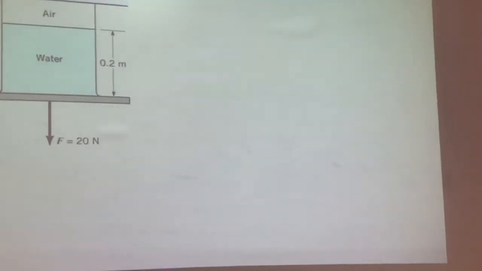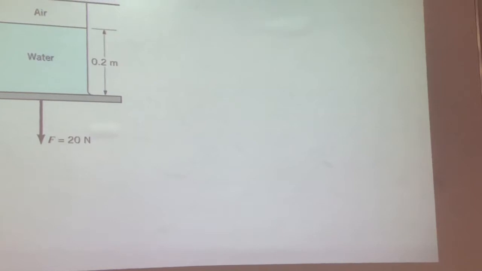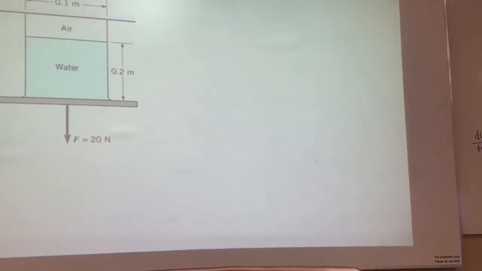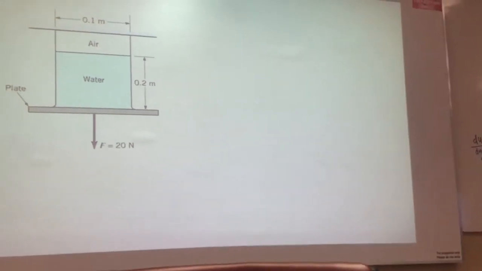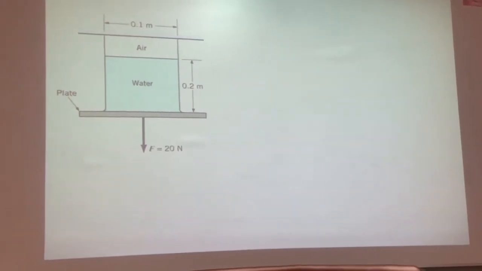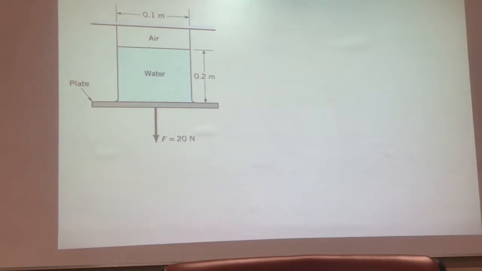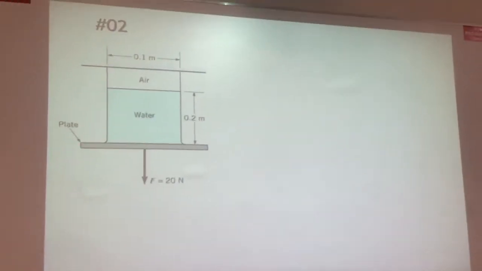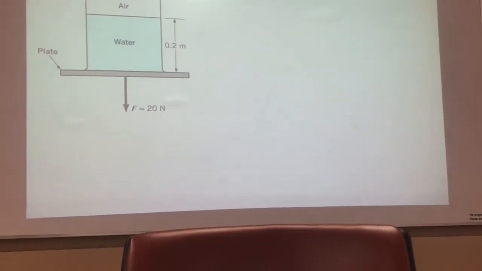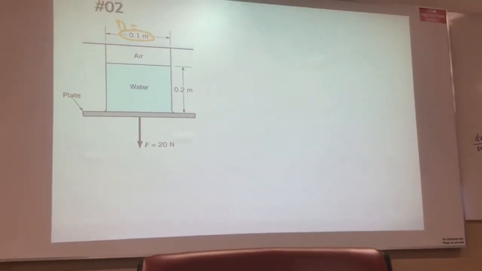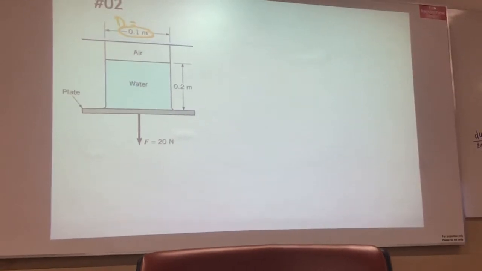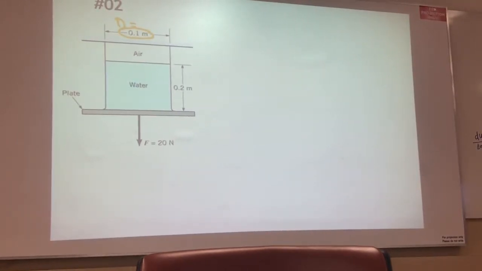Okay, question number 2. An inverted cylinder of diameter D equals 0.1 meter is partially filled with water and covered by a plate, as shown in this figure.